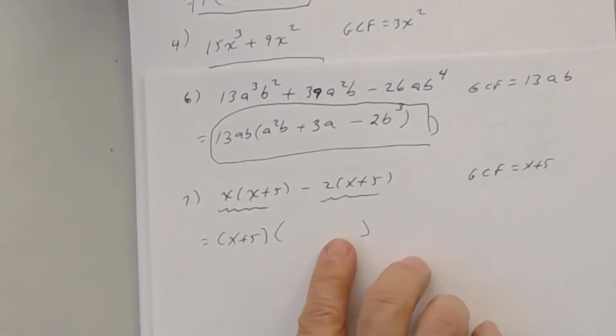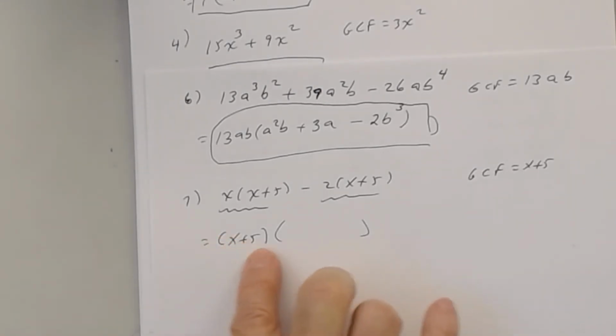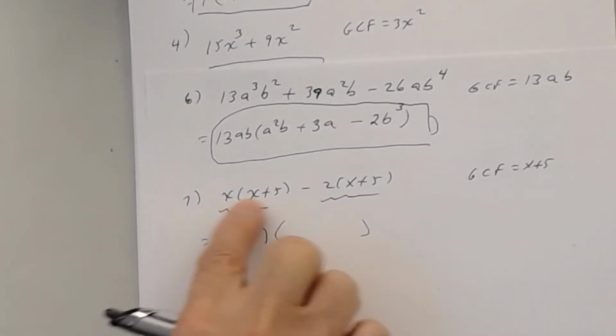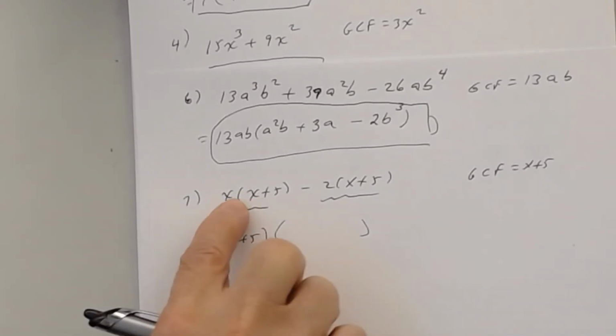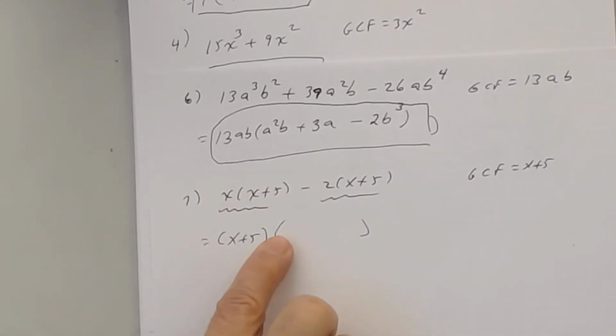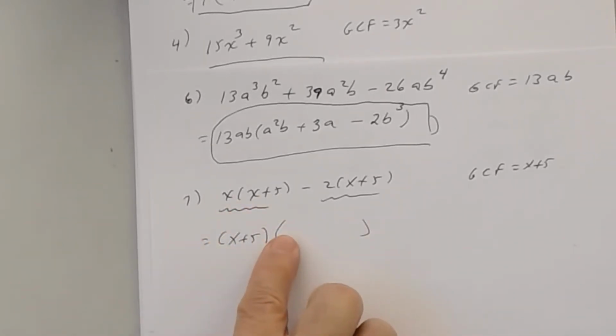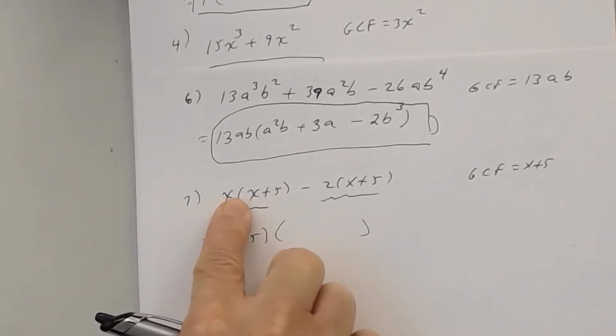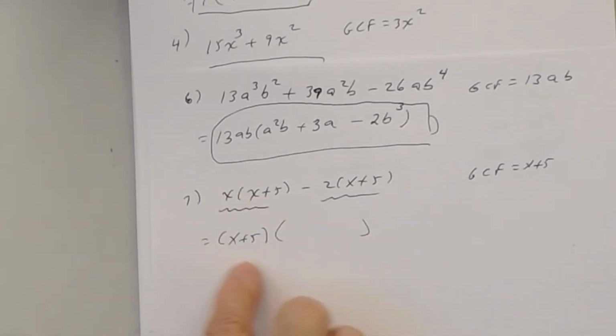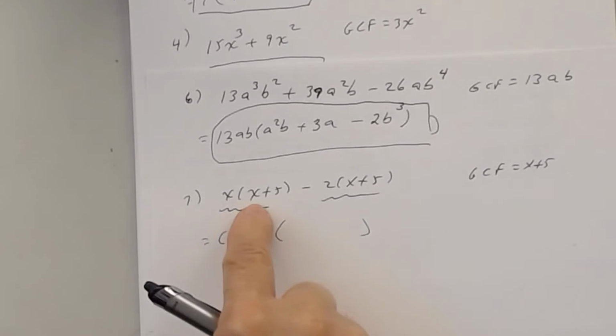Use the distributive property. x plus 5 times what gives me this right here? What do you think needs to go here? x plus 5 times 1 is x plus 5, right? But that's not what I have. That is x times x plus 5. So x plus 5 times what gives me this?